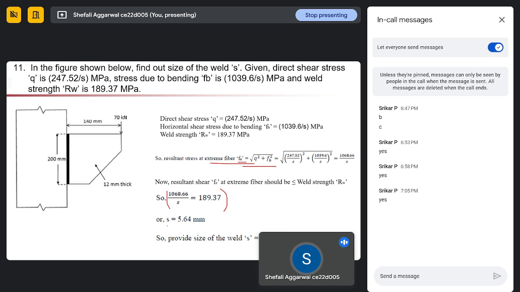From here, S we can get as 5.64. So approximate S will be 6 mm. Why are we taking the larger value? The more the S value, the less will be our resultant stress, and our FR should be less than or equal to RW. Therefore, we approximate S to the larger value. Okay.